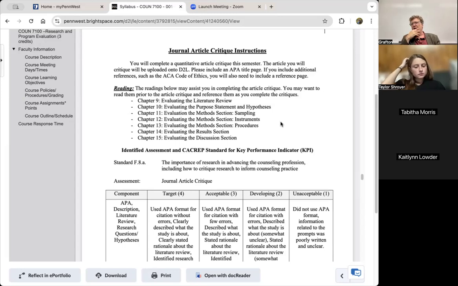So don't worry, it will list these terms throughout your journal article. So you're not going to have to figure it out yourself. It's going to refer to the sampling method used, this is how we did it, and you can just quote that basically, or put it in your own words and cite it. The instruments are basically what kind of tests or surveys did they use to measure the results?